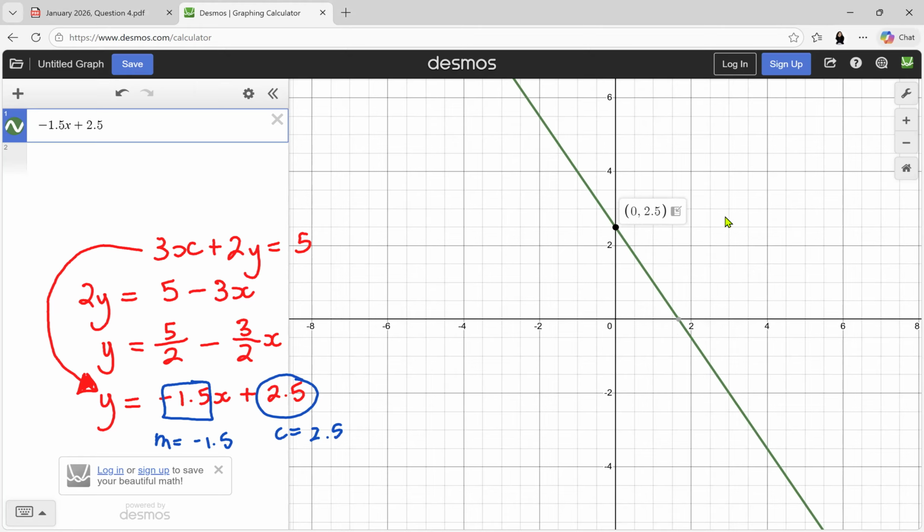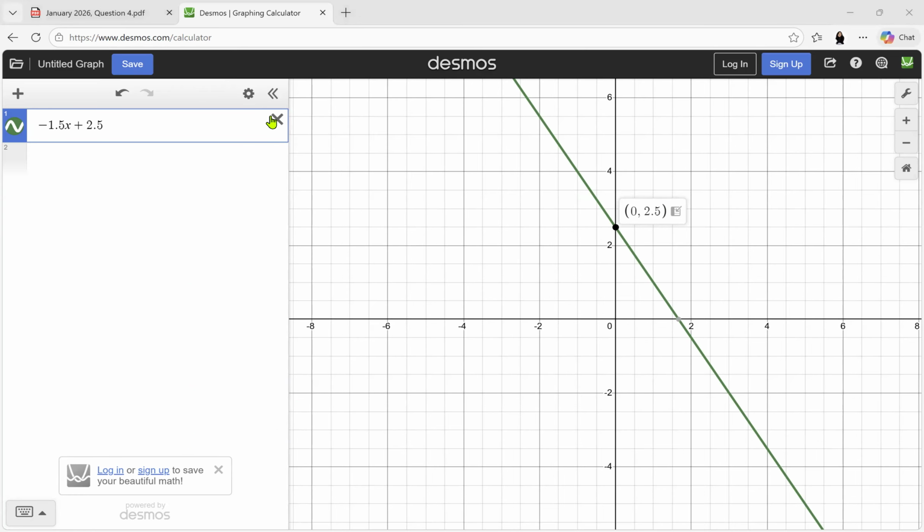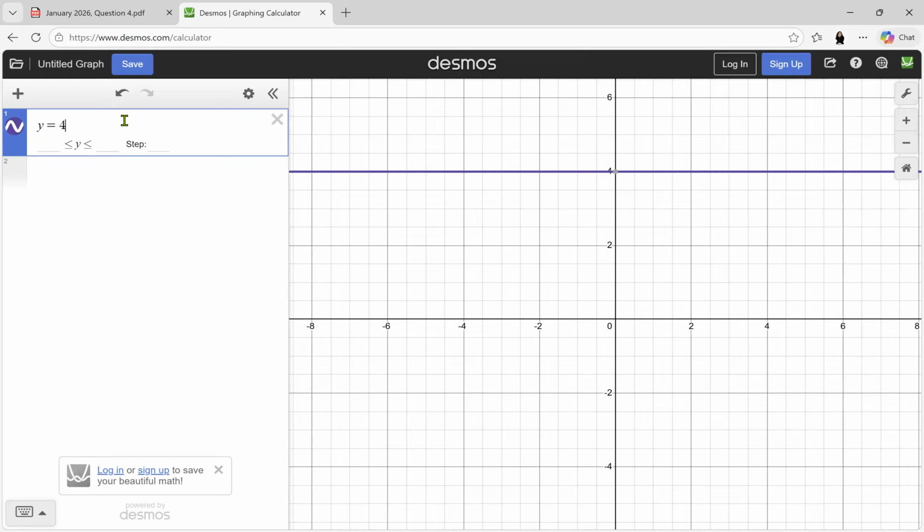All right, so I could already tell that from the equation, but only when the equation is in the form y is equal to mx plus c, right? So just now we also looked at when the gradient of the line is 0. When you have a horizontal line, that would just be when y is equal to a number. So if I were to say y is equal to 4, do you see?